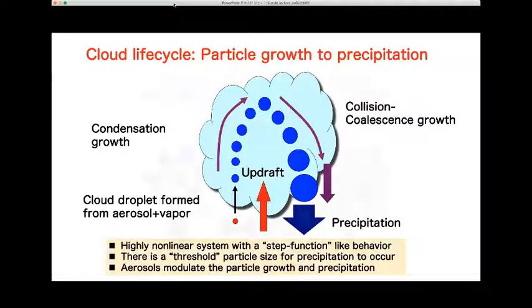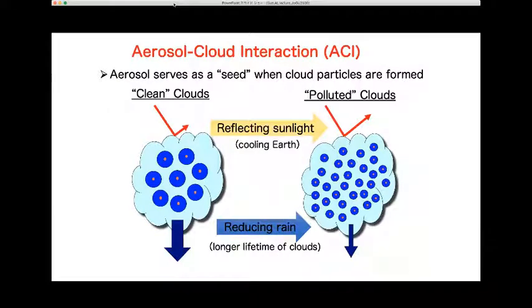And such an air pollution effect on clouds is schematically shown here, illustrating different aerosol conditions, like very clean conditions and polluted conditions with different air pollution concentrations. The clouds have largely different characteristics.